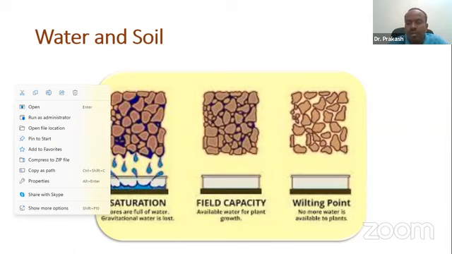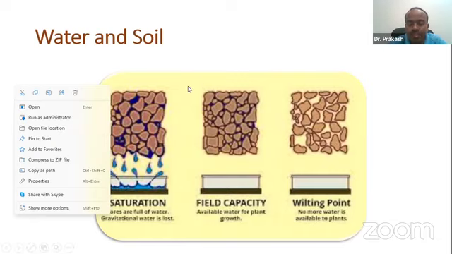So at the saturation point, the plant cannot absorb nutrients as well as water. At the wilting point, the plant cannot absorb nutrients because of the less availability of nutrient solution in the soil.